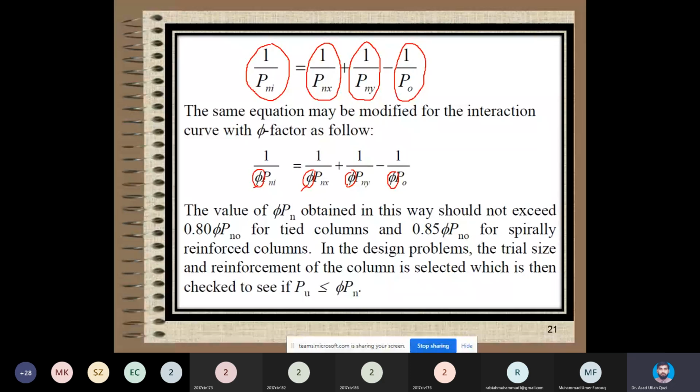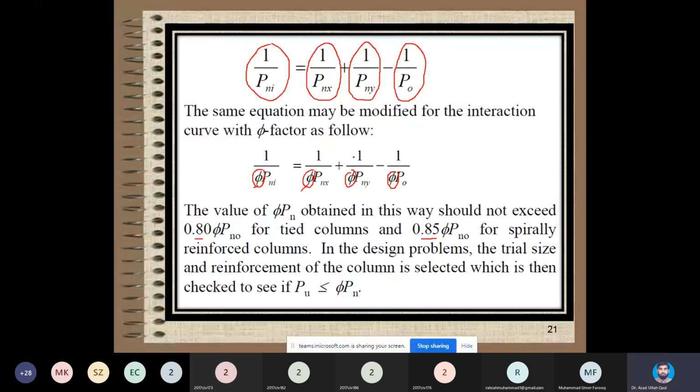The ACI code limits us that even when you have minimum eccentricity, you further have to reduce the capacity to 20% or 15% depending on whether the column is a tied column or a spiral column.